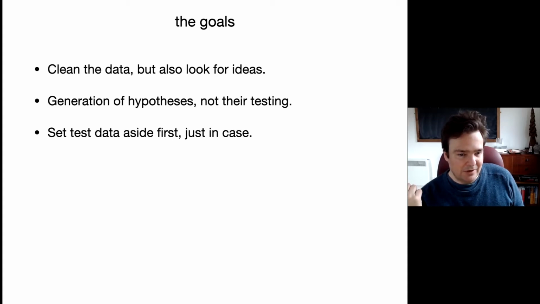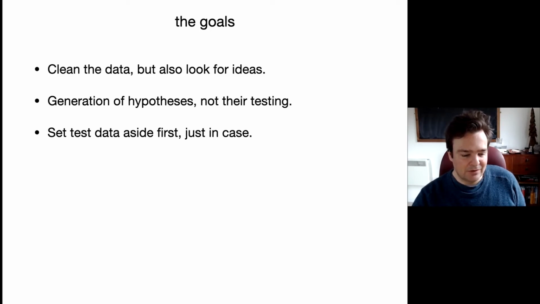It's often a good idea, before you even start anything, not even looking at the data with your own eyes, to set this test data aside. You don't want it to bias your thoughts about how to analyze the data. You want that test data to be untouched, because you want it to be a true blind test of your algorithms or your analysis.